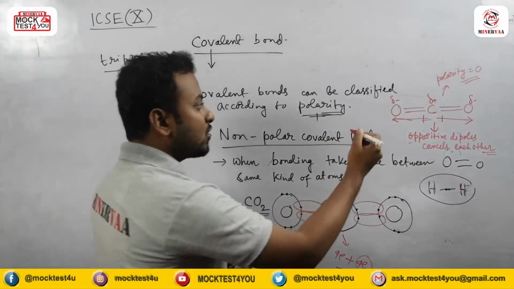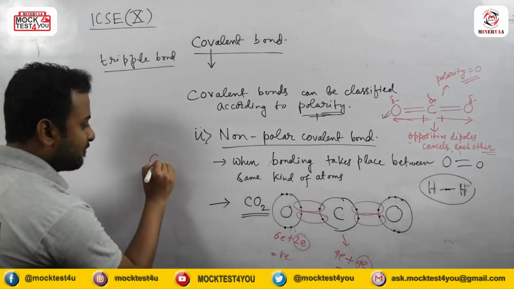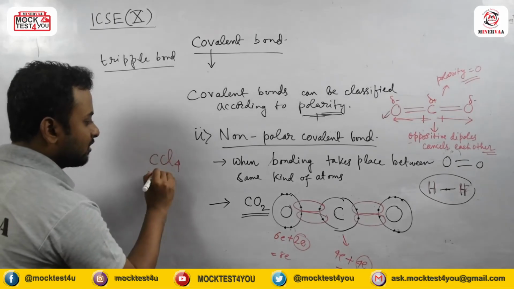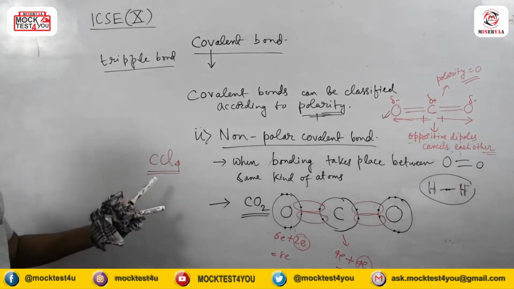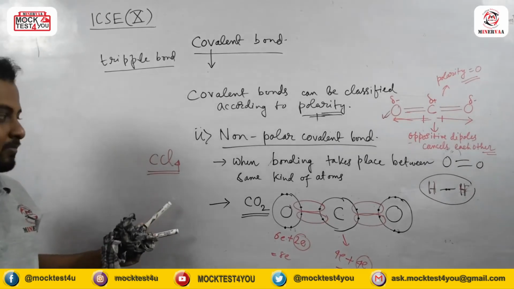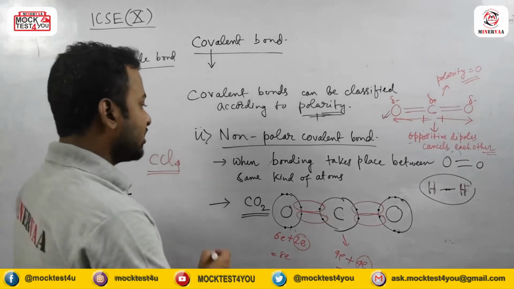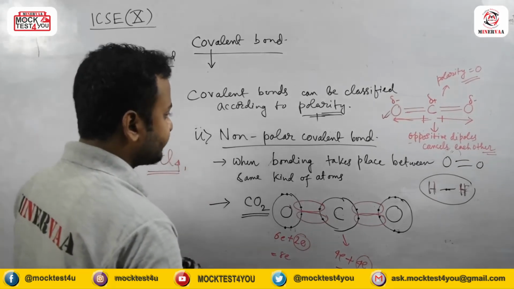So it is also a non-polar compound. Another example of non-polar compound is CCl4. Okay. So its dipoles will also cancel each other because of the opposing nature of the dipoles. Okay, so it is also a non-polar compound, right?